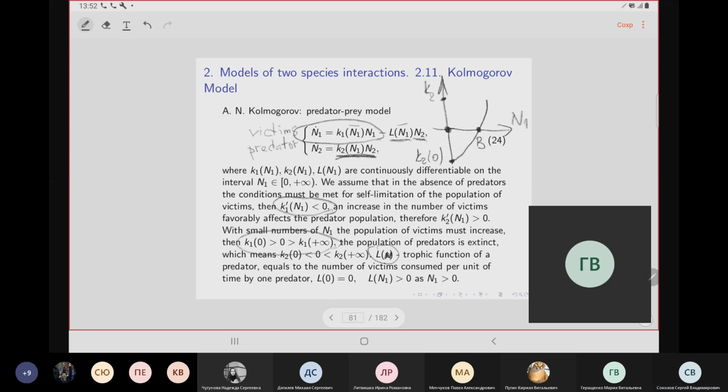It's quite natural that L of 0 is 0. It means that if there are no victims, the consuming is 0. And if there exists some victim population, then this consuming speed will be positive. We have no idea of the shape of this function. We just consider it any continuously differentiable function.